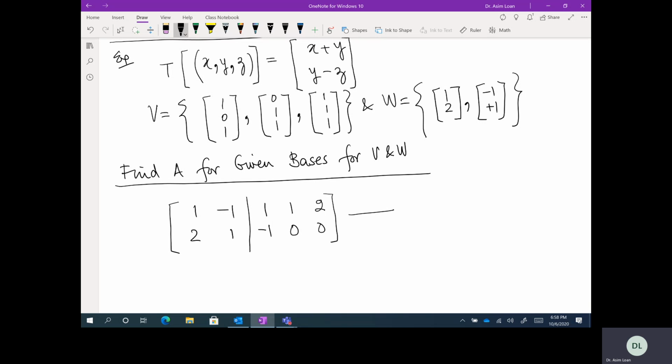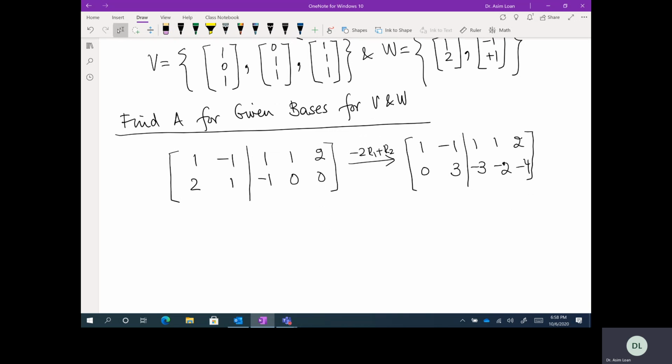And then I do minus 2 R1 plus R2. When I do that, I'll get 1 minus 1, 1, 1, 2. Minus 2 plus 2 is 0. 2 plus 1 is 3. Minus 2 minus 1 is minus 3. Minus 2 minus 4.